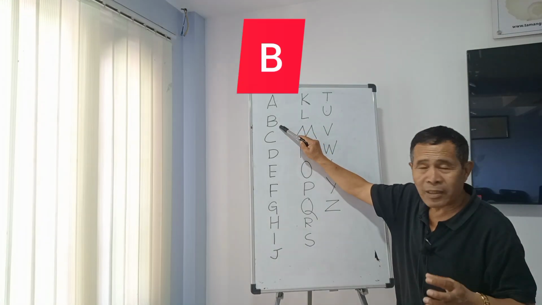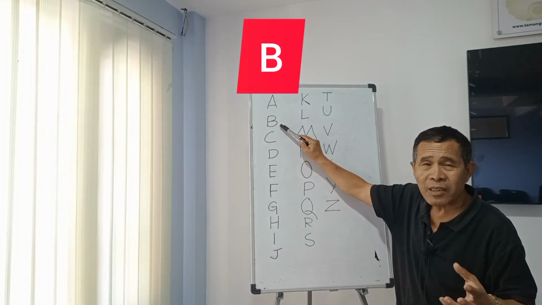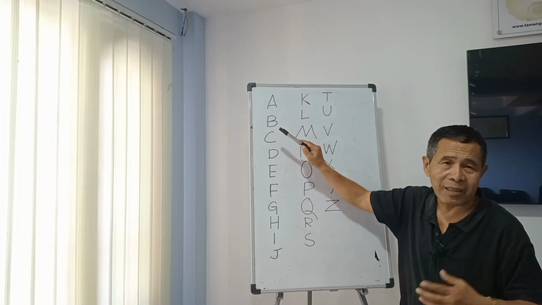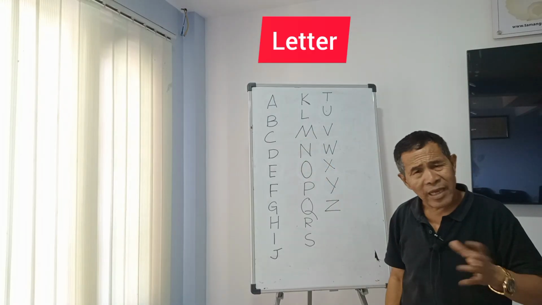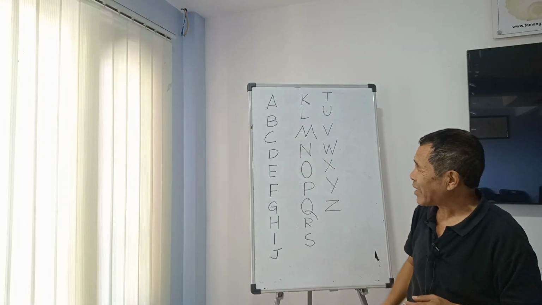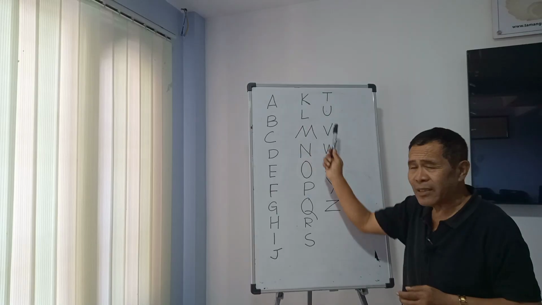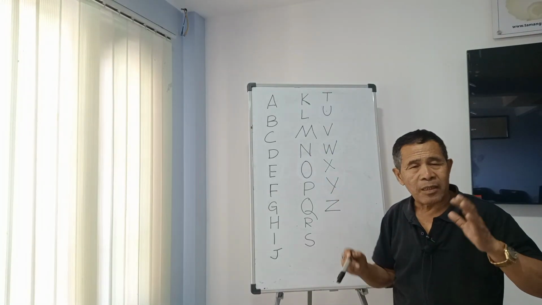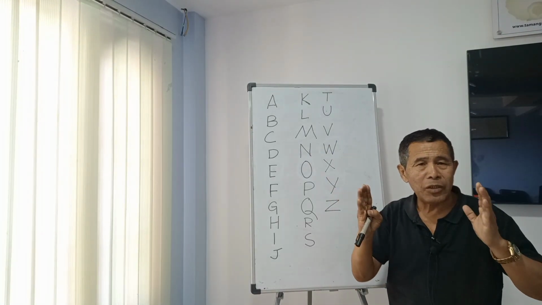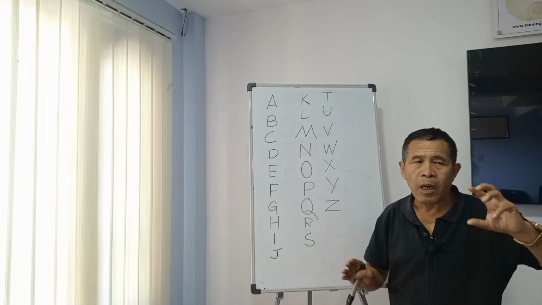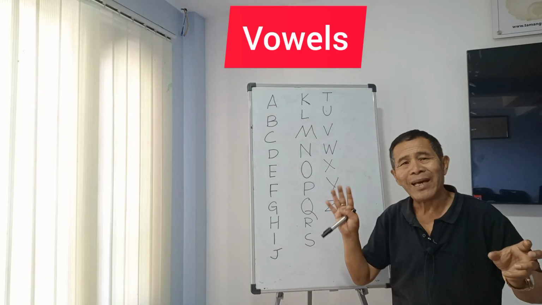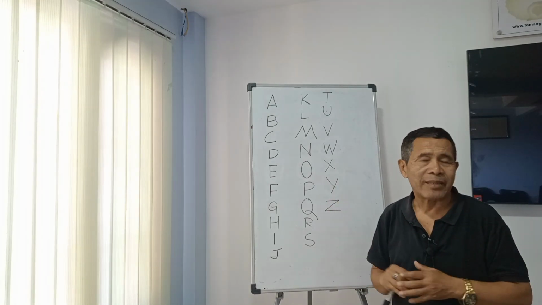When you see this and we say B, yes, it is a letter. Then next, these letters are divided into two parts, vowels and consonants.